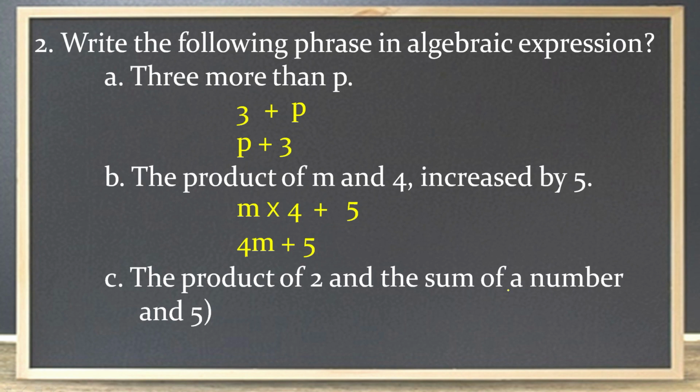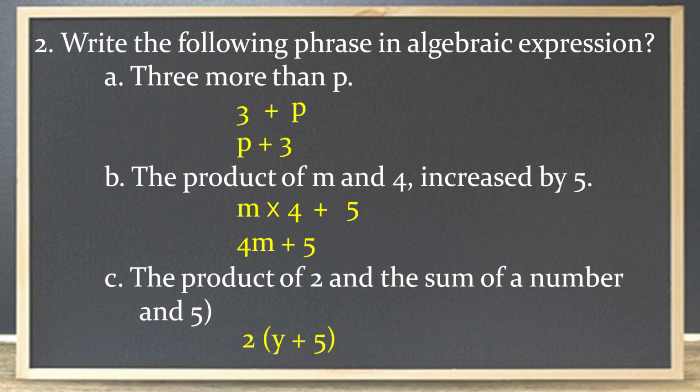So we usually say a number will be represented by a variable. A number could be any of the letters, which is a variable. So we say 2 multiplied by y. y is that number. It could be P, it could be M, it could be A. You could use any letter except O, because O is also the same as 0.